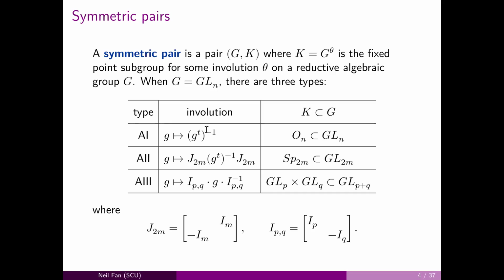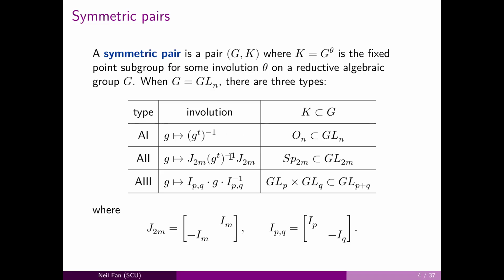Type A1: the involution is first take transpose and then take inverse. The fixed point subgroup of this involution is just the orthogonal group O_n, because O_n consists of exactly the matrices whose transpose equals their inverse.